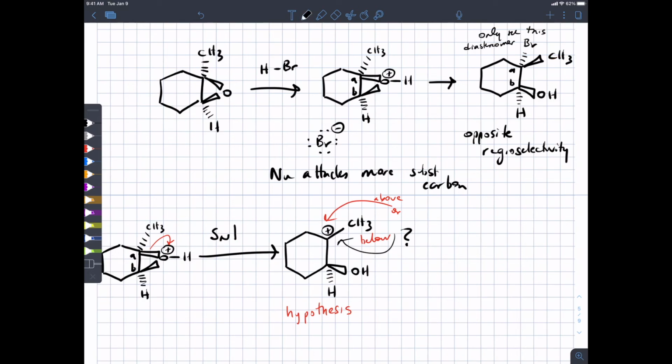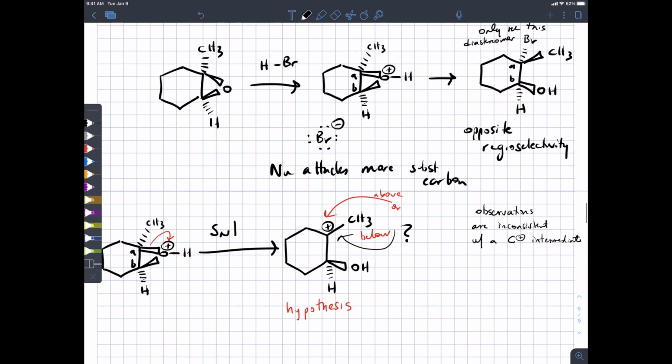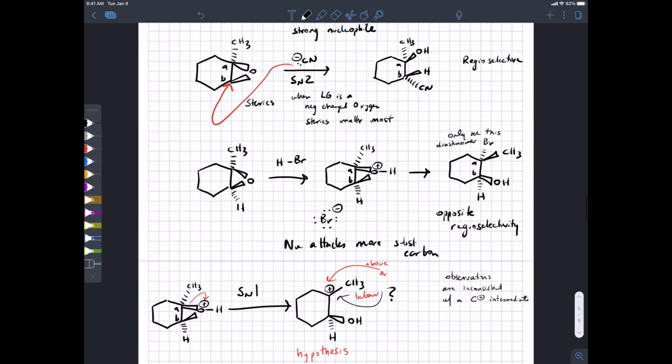So our observations are inconsistent with a carbocation intermediate, but they are also inconsistent with a purely SN2 mechanism where the nucleophile has got to get in really close before the leaving group leaves.